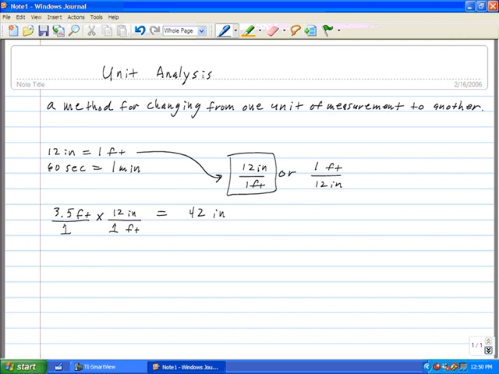So that is basically how the unit analysis works. Any unit that needs to be canceled out is in the numerator and is canceled by the similar unit in the denominator. Let's look at another example of that.